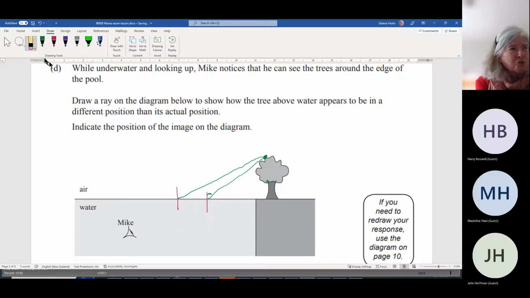It's jolly difficult to draw freehand. Please use a ruler in the exam. Just make sure that this angle of refraction is smaller than the angle of incidence. And here again, this should be the same angle of incidence, and it must be closer. It's not going to quite hit Mike.